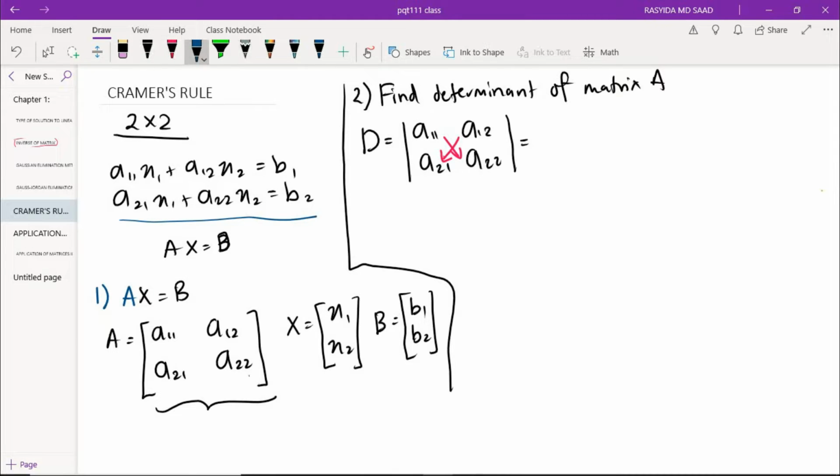So it would be A11 A22 minus A12 A21. This is the determinant of matrix A.